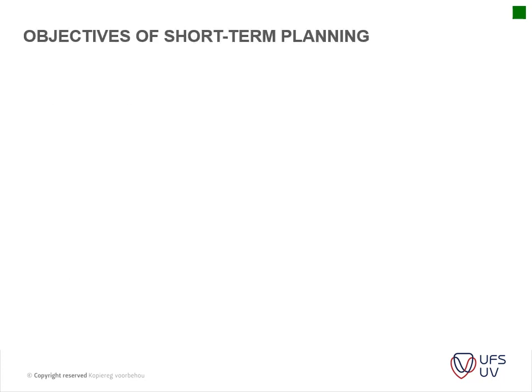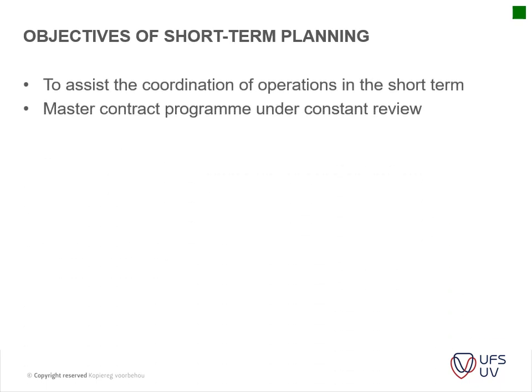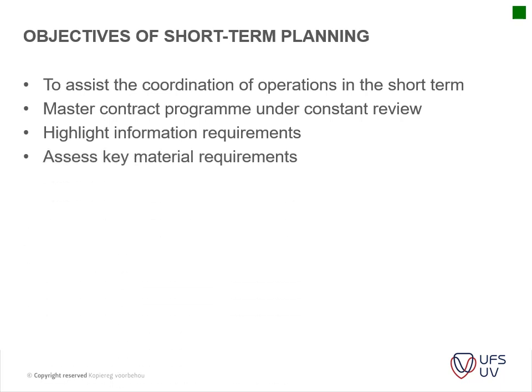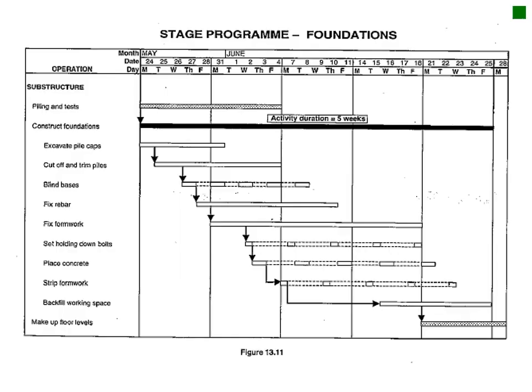Okay, then the objective of the short-term program is basically to assist the coordination of short-term operations. Master contract program is under constant review, and then highlight information required, assess key material requirements, keep senior site management informed on the short-term position. So stage programs, for instance, now for foundation.